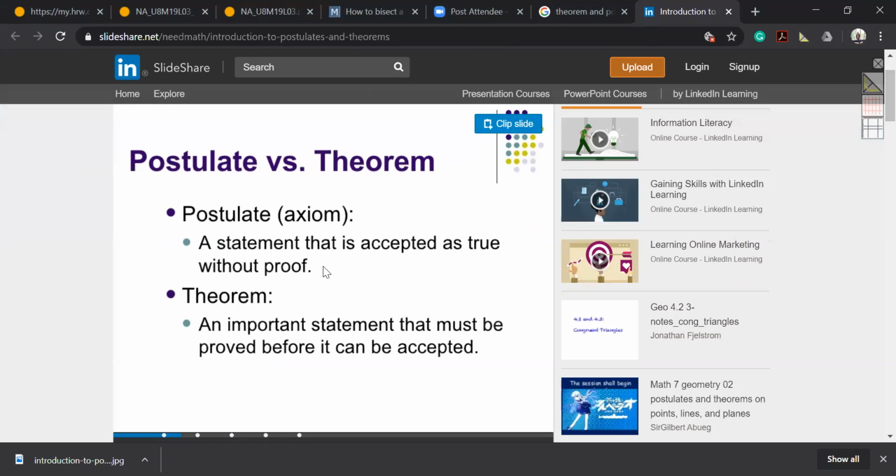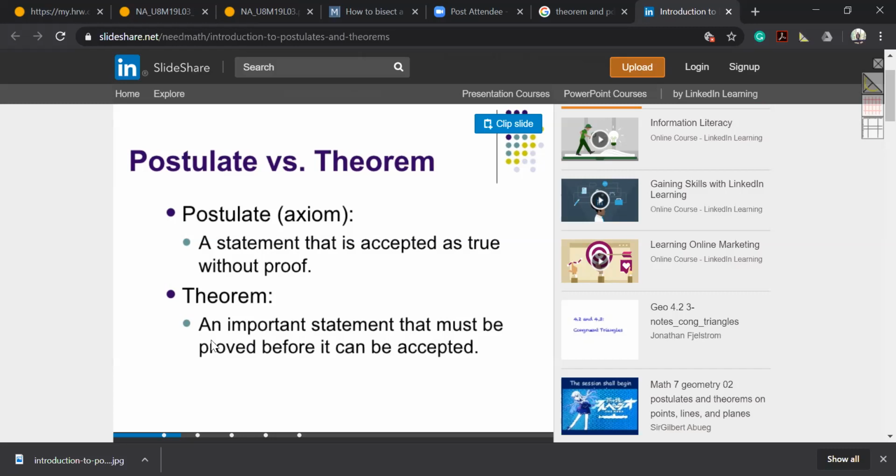There will never be a question about proving a postulate. But a theorem is an important statement that must be proved before it can be accepted. So a postulate is something true, whatever happens, it's always true. You don't need to give a reason for this.